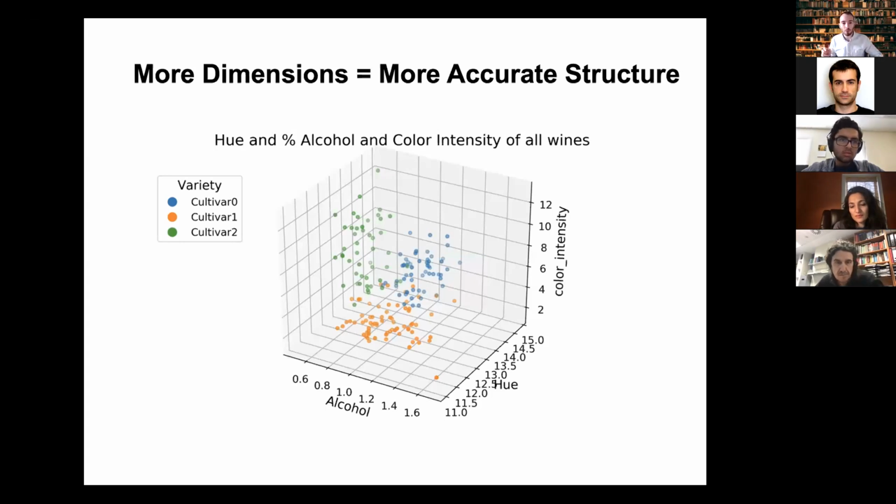For example, the x and y-axis here are the same as that 2-dimensional plot, but now we've added a 3rd axis of color intensity. Cultivar 2 actually has much higher color intensity than cultivar 1. By considering this feature, it might now be easier to discriminate between those 2 cultivars of wine.